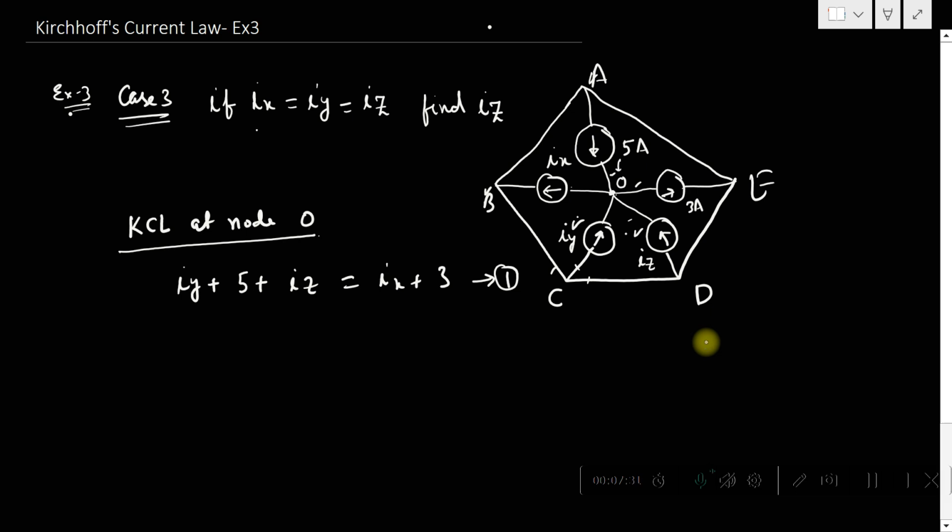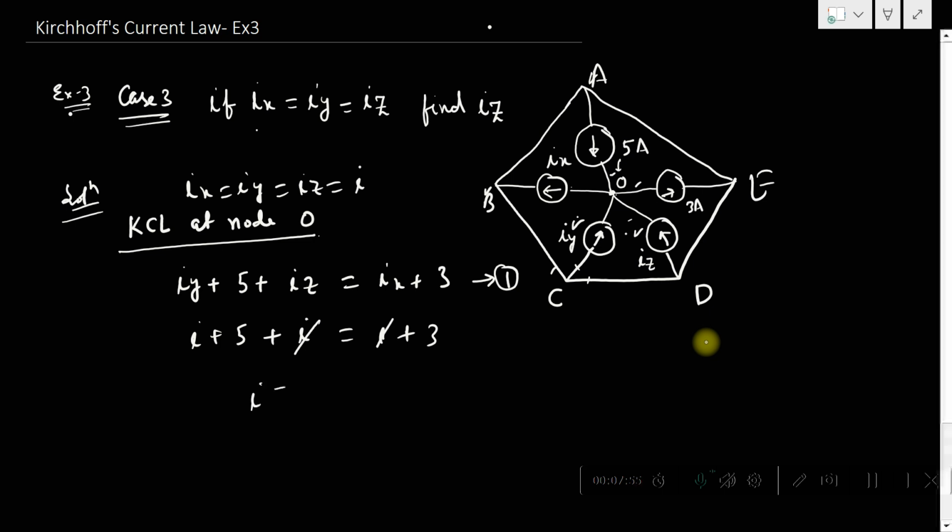Since all these currents are equal, let us consider Ix equals Iy equals Iz equals I. So I plus 5 plus I equals I plus 3. So I and I get cancelled. We get I equals 3 minus 5, which is minus 2 amperes. So Ix equals Iy equals Iz equals minus 2 amperes.